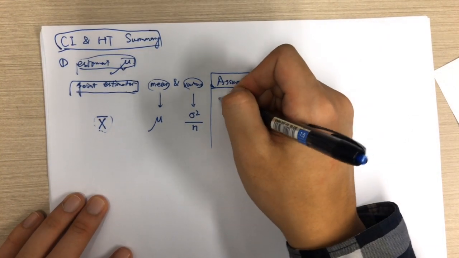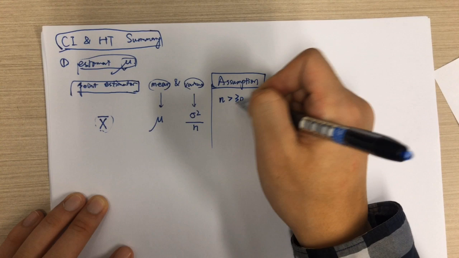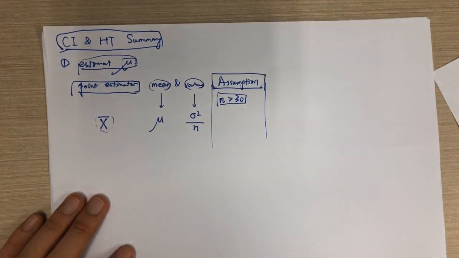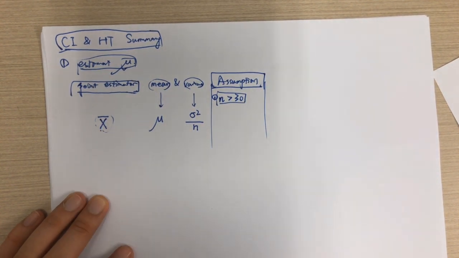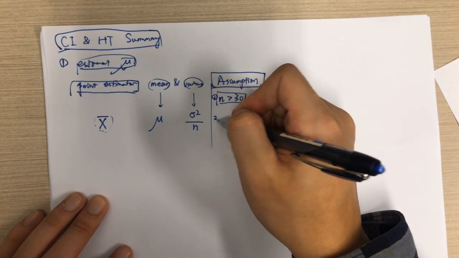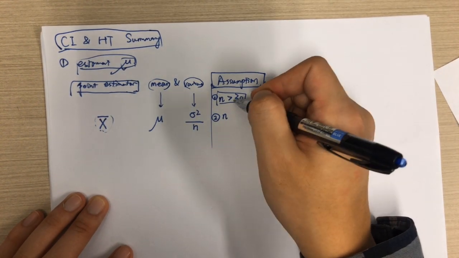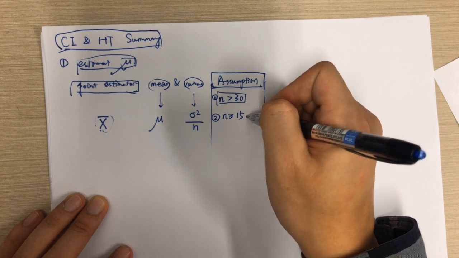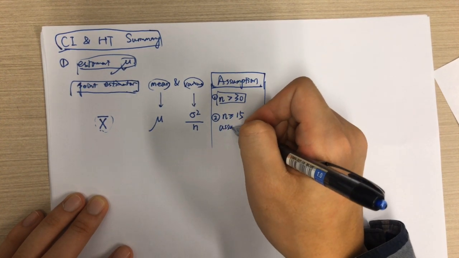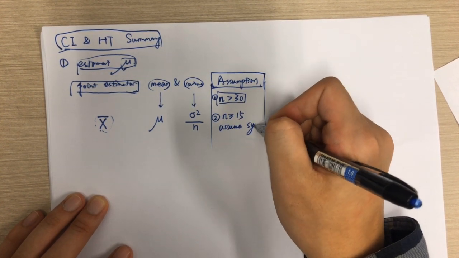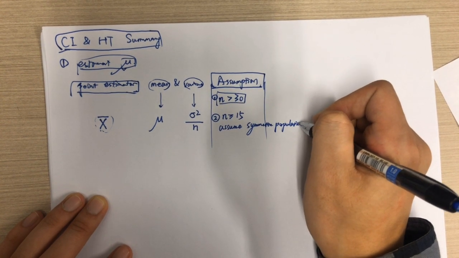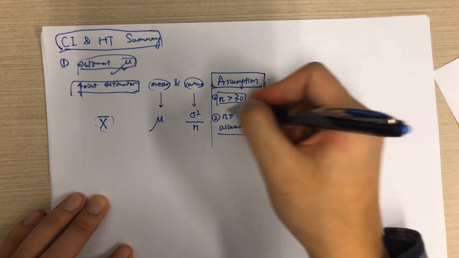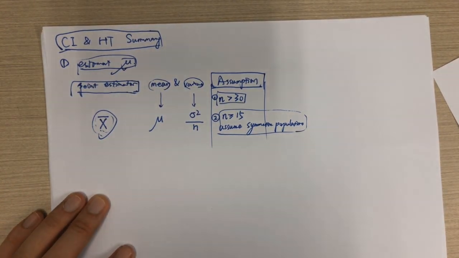Either the sample size is greater than 30, so the sampling distribution of X bar will always follow a normal distribution, or even though n is not greater than 30 but it's greater than or equal to 15, we need to assume a symmetric population in order to have a normal X bar.